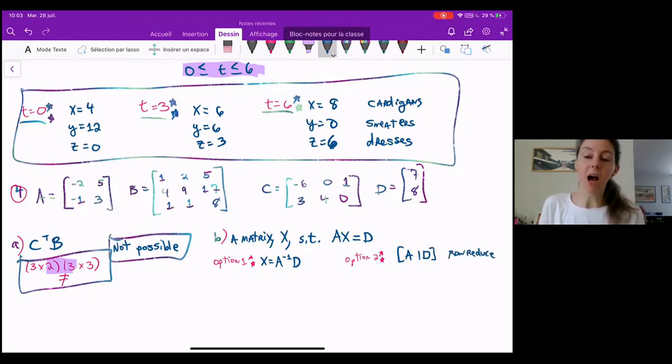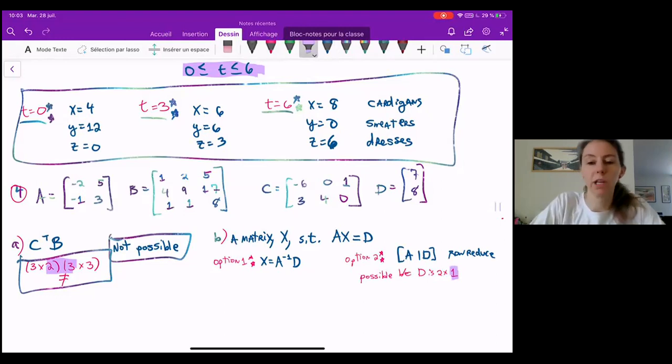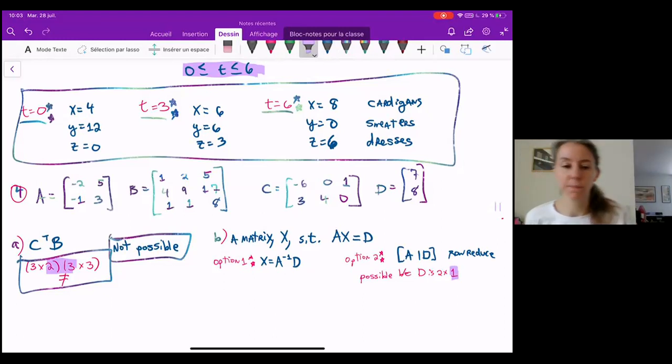And this is only an option because D is a vector. In other words, D is a 2x1 matrix. We're going to go with solving the matrix equation because that's usually faster, and because it works every time A is invertible, whereas the other one only works in this specific case.